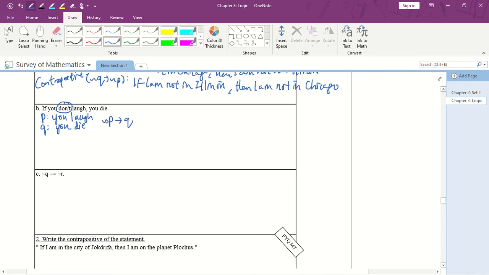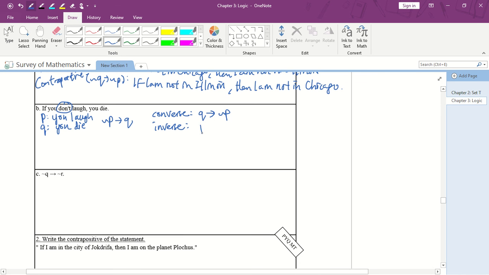Now we need to find out what the converse is. Remember, for the converse we just switch the places of this and this. So it will be Q to negation P. And if it is the inverse, remember we are changing the sign.